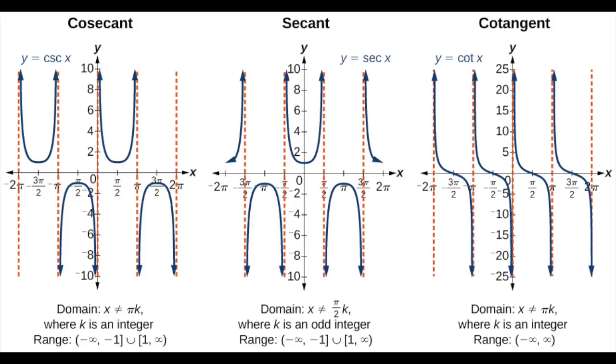Now I'm going to insert a picture of a cotangent graph, a cosecant graph, and a secant graph. Like I said previously, they are the reciprocals of sine, cosine, and tangent, so they're basically the opposites of them. Cotangent is basically the same as tangent, just going the opposite way.